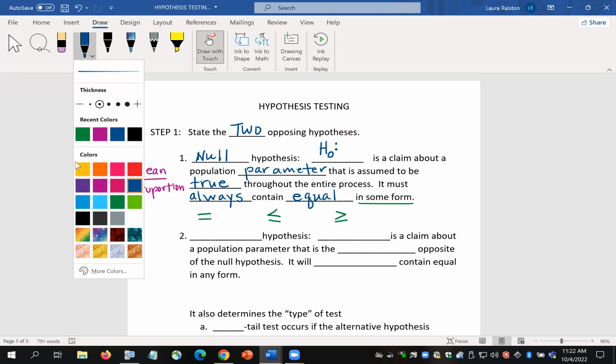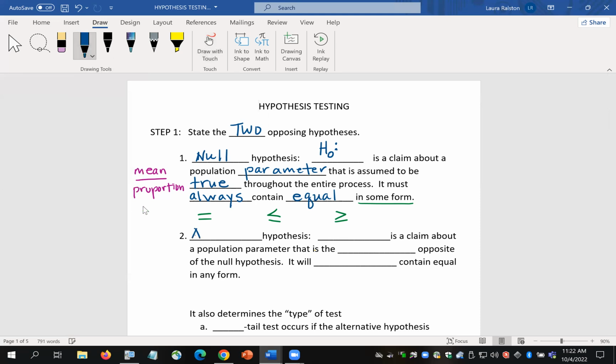The second hypothesis is called the alternative. The symbol for alternative is the capital letter H, again for hypothesis, and I tend to use a lowercase a for alternative. There are some texts, just so you know, that use H with a subscript of 1. Again, I tend to use the a, and I know that is how it is presented in the quiz and on the assignments throughout D2L.